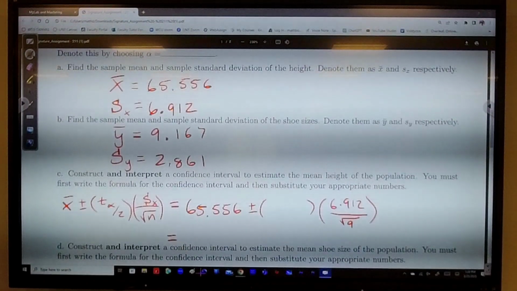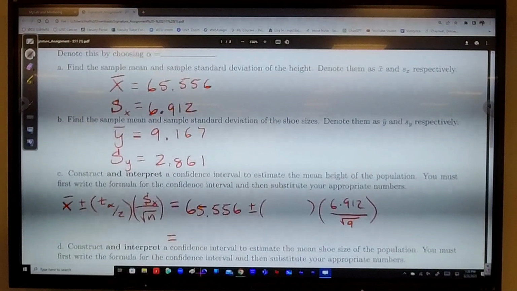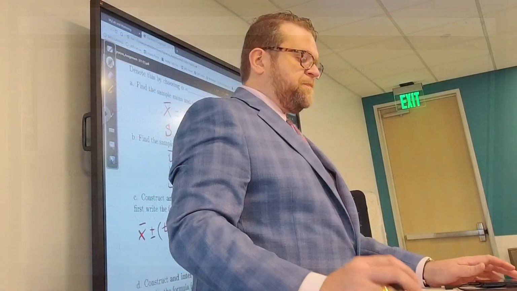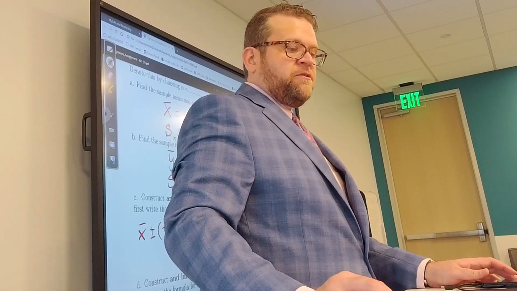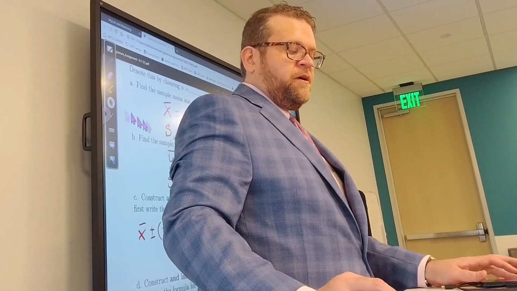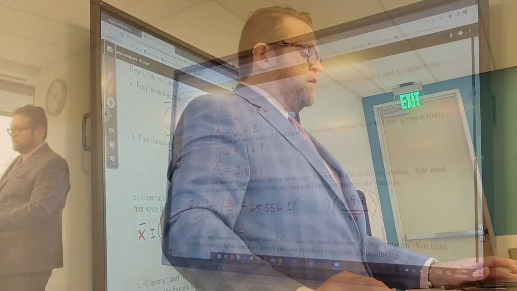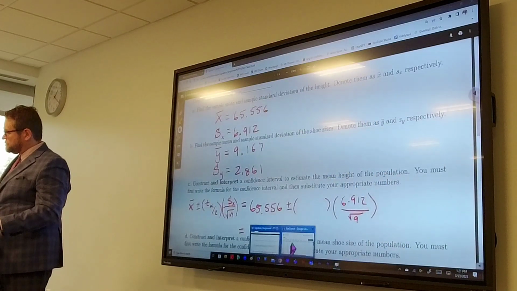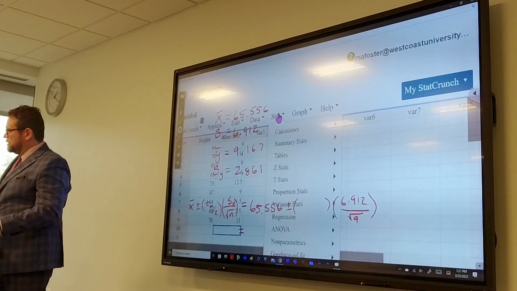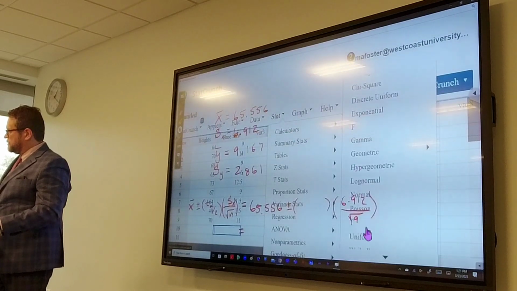So now I want to get that t sub alpha over 2 number. We should go back to StatCrunch and open up the t calculator. So stat calculators t.